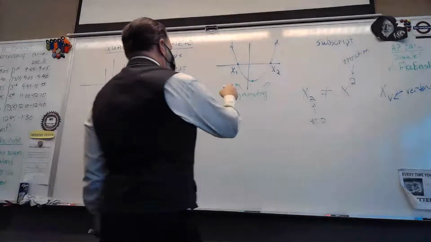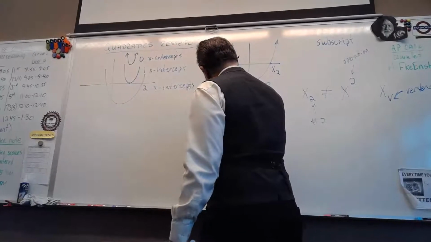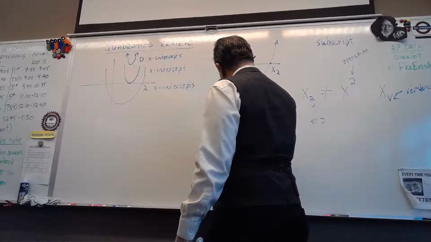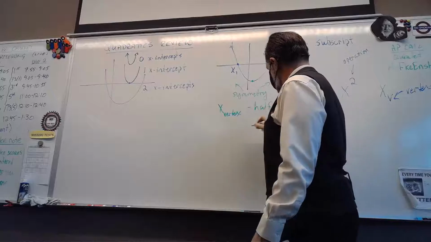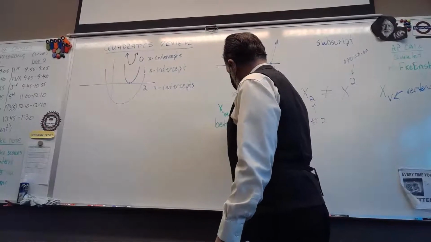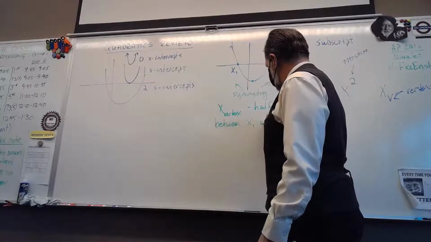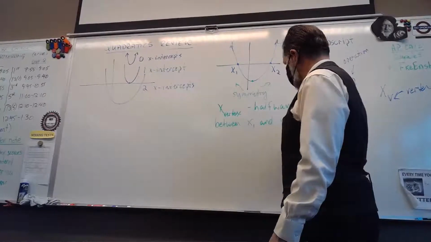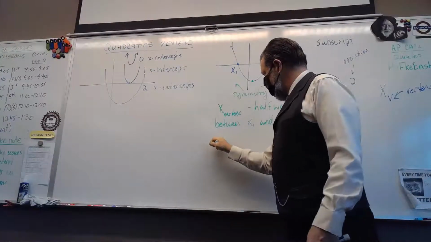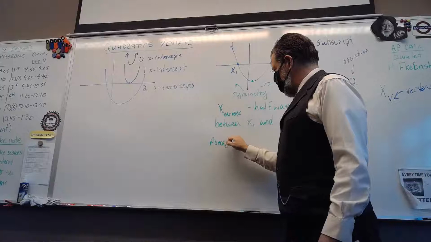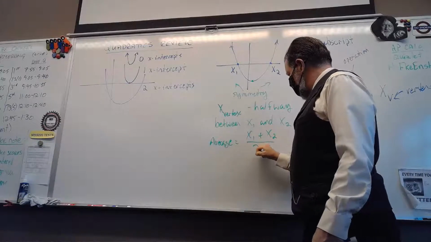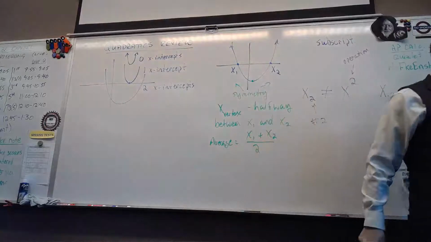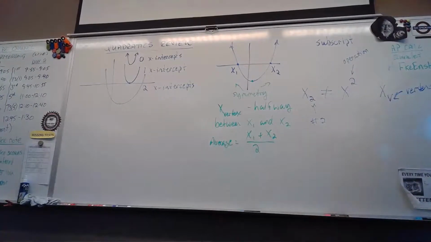So the vertex value, x vertex, has to be halfway between x1 and x2. And the way we calculate that is we just take the average. x1 plus x2 divided by 2. Boom. I know the x value of the vertex.